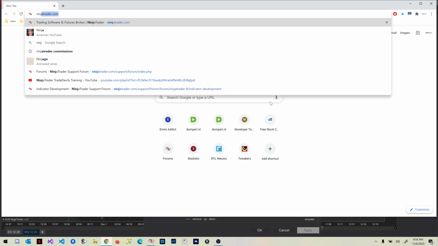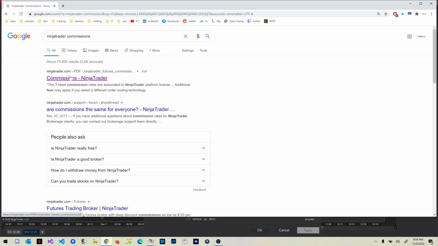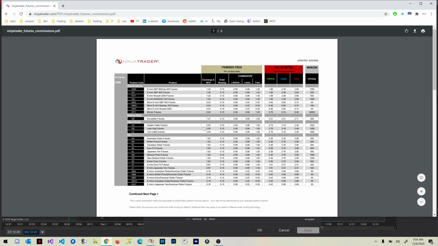You can find the commissions simply by going to NinjaTrader commissions and clicking on the link, and here you get a PDF with all the commissions. So for example, for the ES, you'll see that it's $1.99 for the lifetime version, which makes it $3.98 for a full round trip.